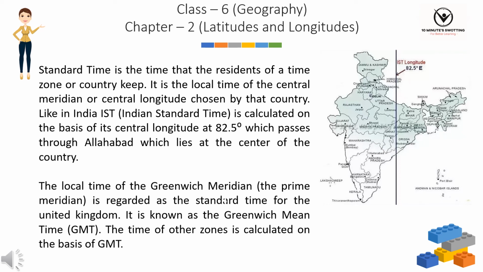Like in India, IST, Indian Standard Time, is calculated on the basis of its central longitude at 82.5 degrees, which passes through Allahabad, which lies at the center of the country. The local time of the Greenwich Meridian, the prime meridian, is regarded as the standard time for the United Kingdom. It is known as the Greenwich Mean Time, GMT. The time of other zones is calculated on the basis of GMT.